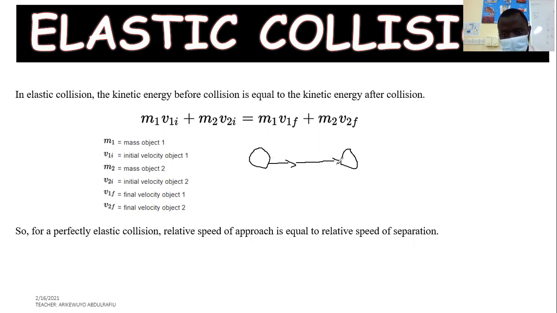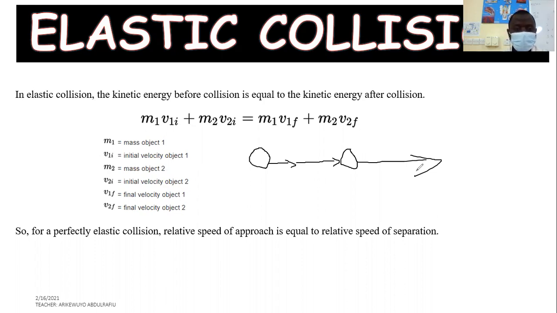When it collides, the two of them can move in a particular direction, or they can move in different directions, depending on the type of collision. So collision is that coming together of two or more different objects in an accidental or sudden manner.